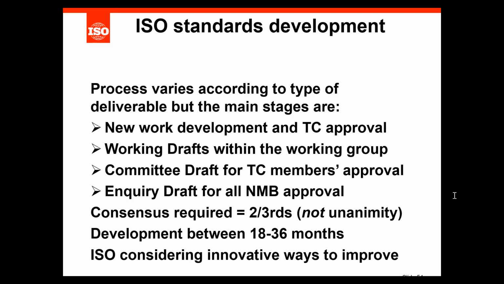There's also an inquiry draft, which goes out to all national member bodies, and at those stages, the ballot requires a two-thirds majority, which ISO determines as having reached consensus. So consensus does not mean unanimity. And as I've mentioned before, we're looking to be innovative in the way that we do these things.